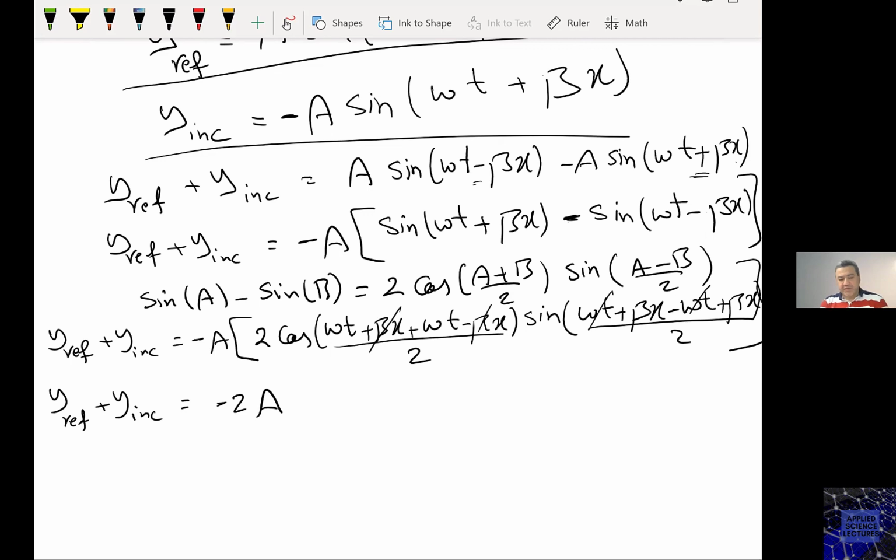Omega t plus omega t is 2 omega t divided by 2 is omega t, cosine omega t. Sine beta x plus beta x is 2 beta x divided by 2 is beta x.